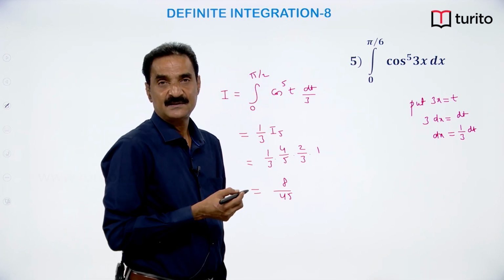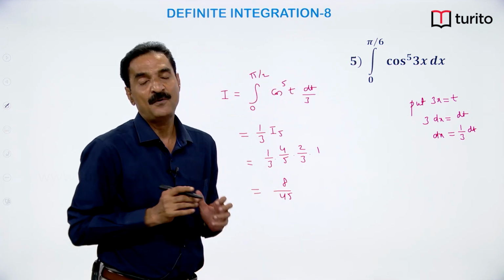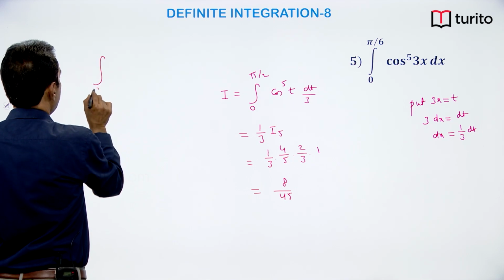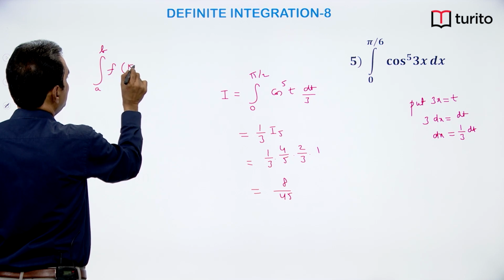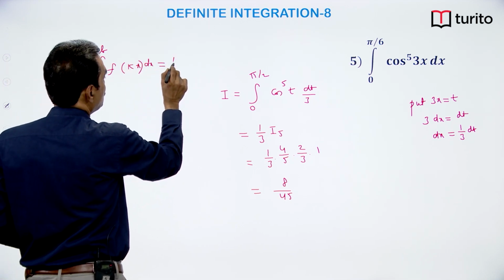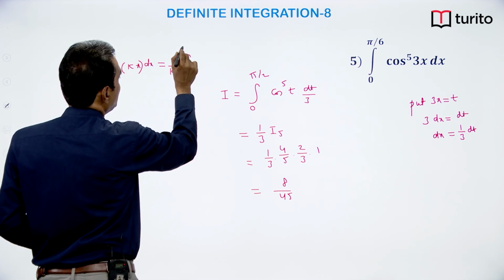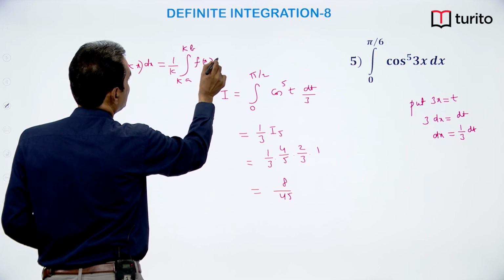Or in this question, if you remember, I have given you one shortcut formula in definite integrals. Integral a to b f of kx dx can be written as 1 by k integral ka to kb f of x dx.